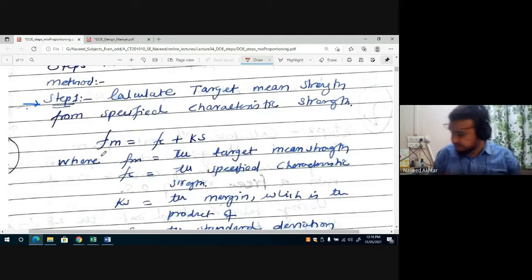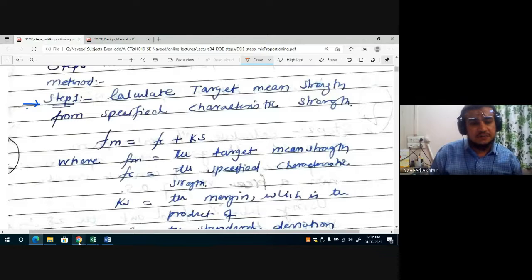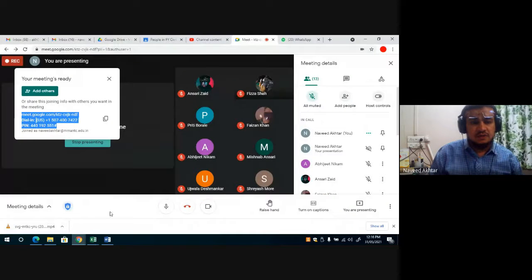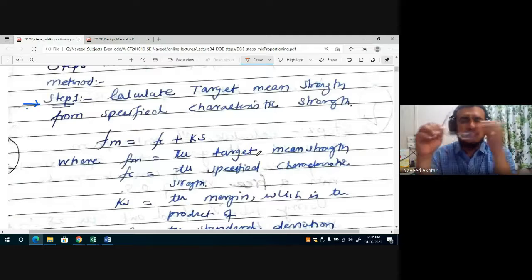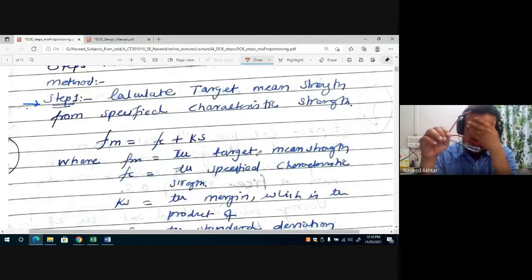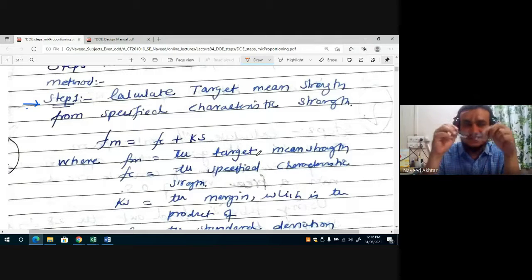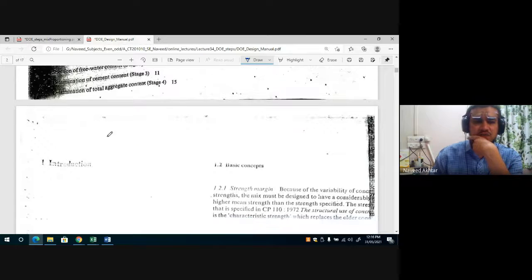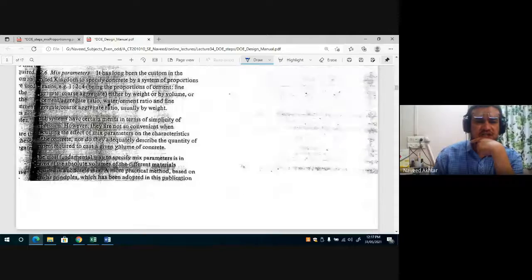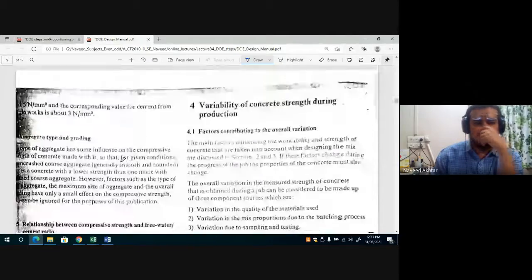Now this is the calculated mean strength. We have also seen the calculated mean strength previously while designing concrete by the IS method. In this method also, calculate the target mean strength from the specified characteristic strength. Here also the step-by-step procedures are given in this manual.